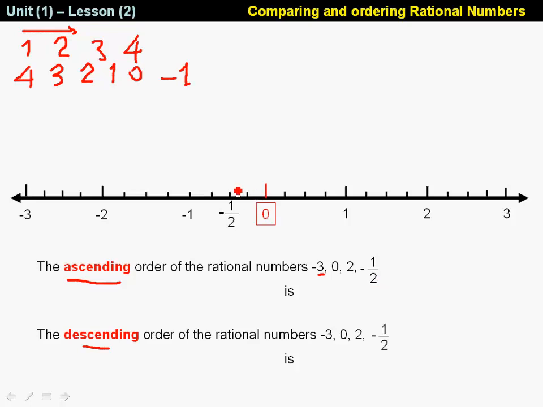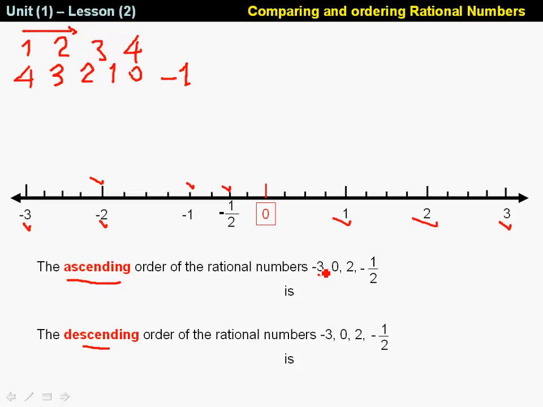So -1 over 2, -2 over 2, which is -1, -3 over 2, -4 over 2, which means -2, -5 over 2, and -6 over 2, which is -3. In the positive direction, 1 over 2, 2 over 2, which means 1, 3 over 2, 4 over 2 is 2, 5 over 2, and 6 over 2, which is plus 3.